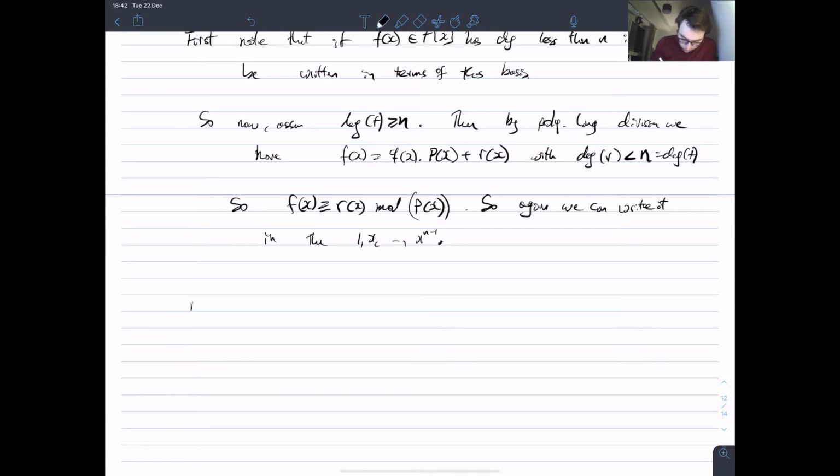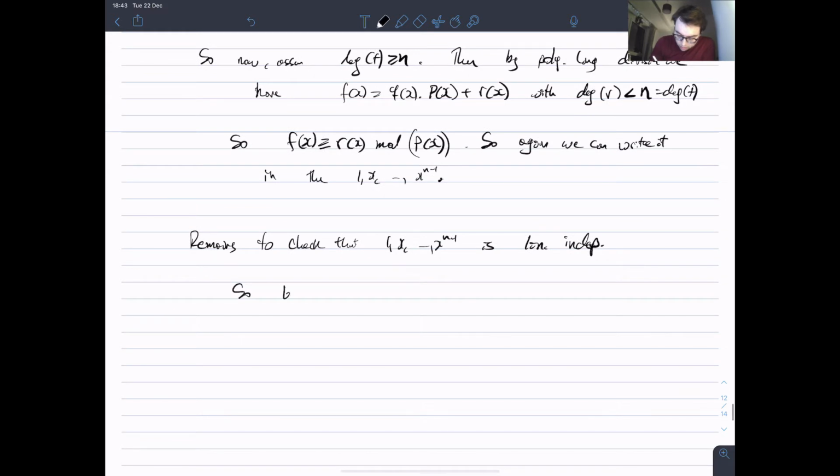Say remains to check that 1, x, ..., x to the n minus 1 is linearly independent. So let x bar i denote, let me not go too much into this notation.